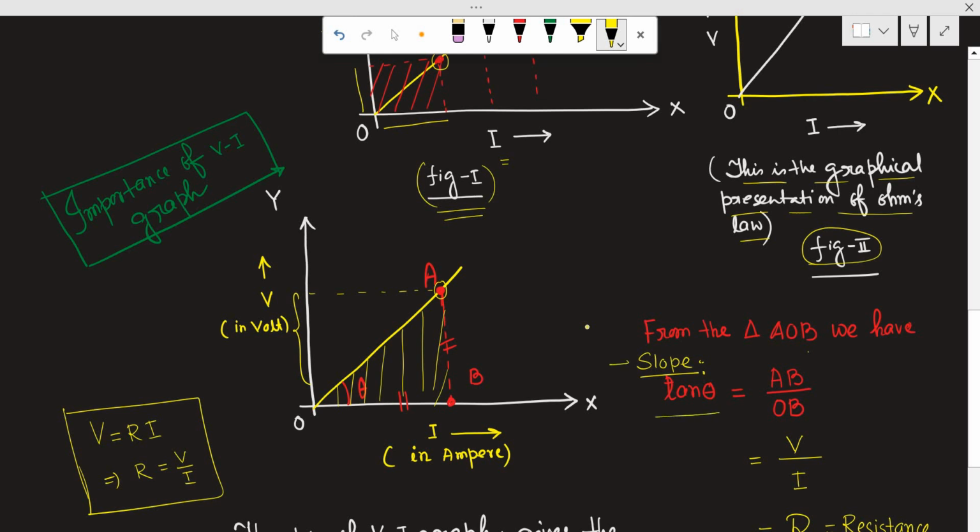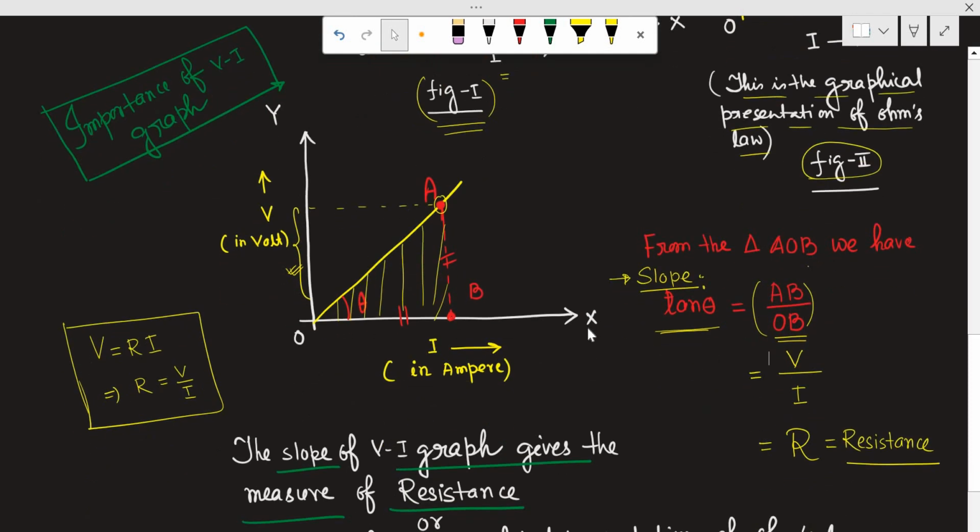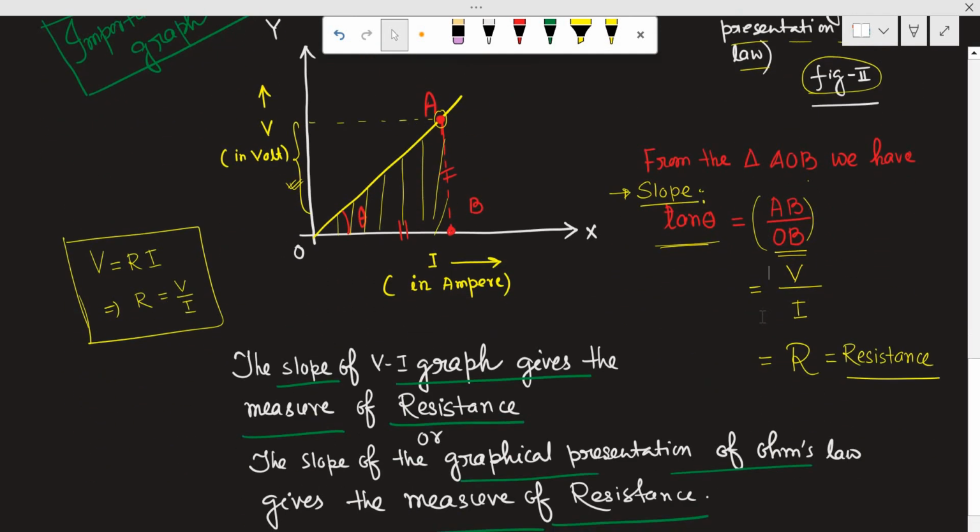Tan theta is the slope of the curve. Tan theta equals perpendicular by base: the perpendicular AB gives us the story of potential difference, and OB tells us the story of current. So we write V in place of AB and I in place of OB, and from Ohm's law we know that V by I is nothing but the resistance. So we write R equal to resistance.